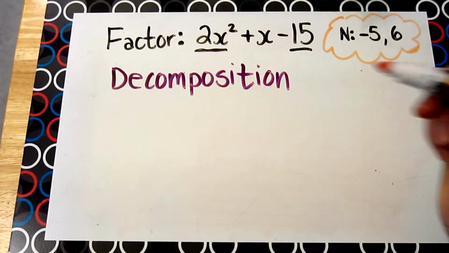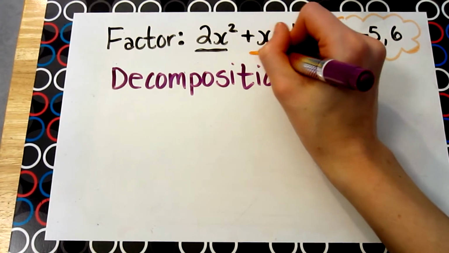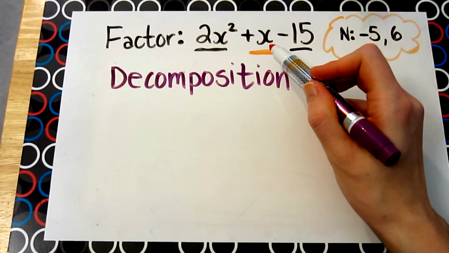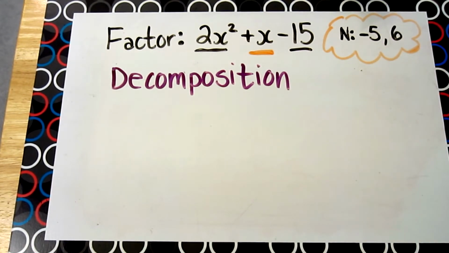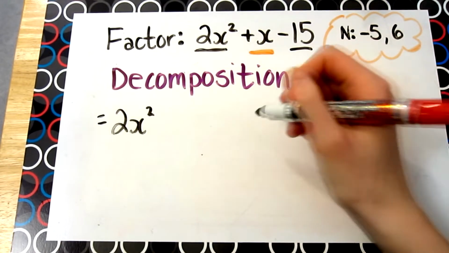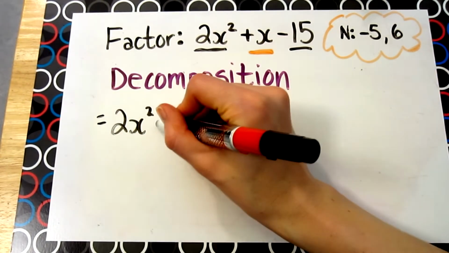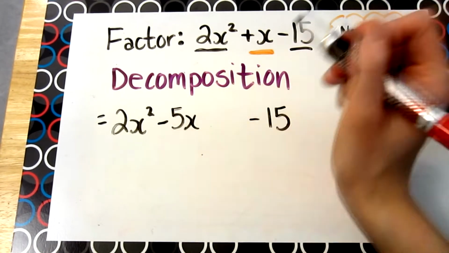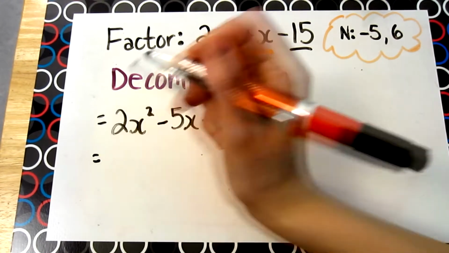The first is decomposition. So this is the same method that we used when factoring regular trinomials, and that is to replace the middle term in the expression with the two numbers that we found. So what that looks like is, remember, we keep the first and last terms as is, and we replace the positive x with a negative 5x plus 6x, and then we factor by grouping.